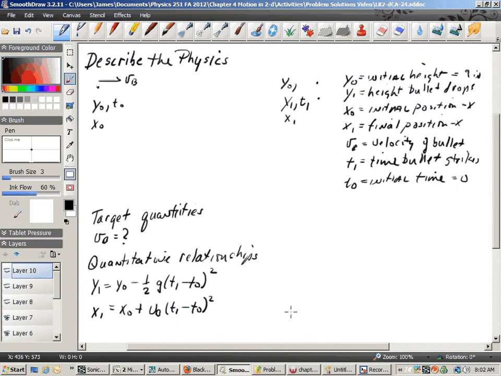That means we have two quantities we have to solve for. We have one relation linking the time of fall, t1 minus t0, to the height of fall. And we have another relating the velocity of the bullet to the time of travel and the displacement.